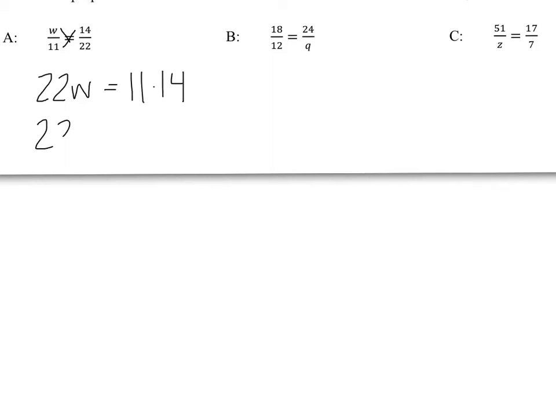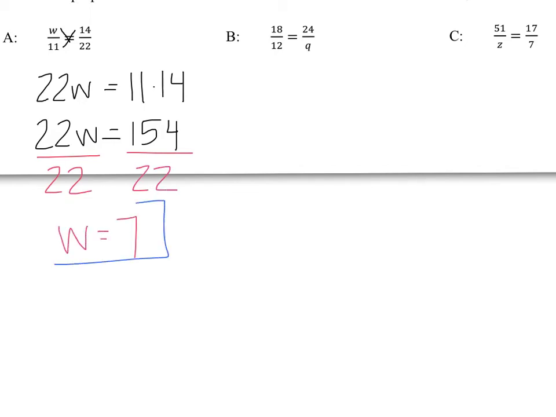So we get 22W equals 154. We need to get W by itself. It's 22 times W, so we need to divide to get rid of the 22. So then W equals 7. Remember that you're solving for a variable, so your answer should not just be 7. It should be W equals 7.